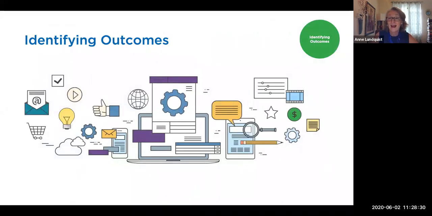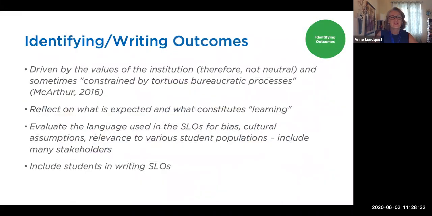Ideally in an assessment practice, the first thing we do is think about what the expected outcomes are. And we know that those are not always neutral. In fact, I love this piece by Jan MacArthur, because she talks about how a lot of times, especially in the curriculum, the learning outcomes are decided upon by committee, maybe at the institutional level, and then passed down.